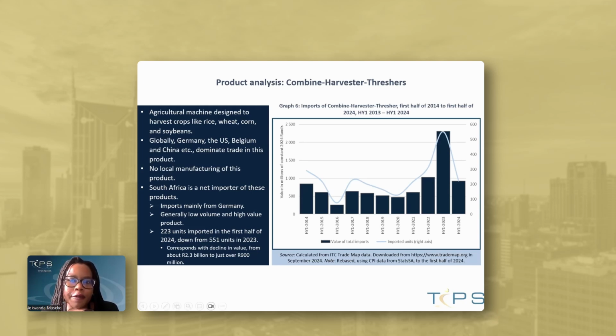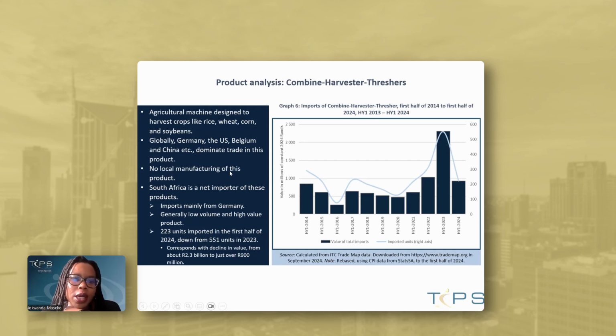Although South Africa has a history of producing great capital goods equipment, particularly for the mining industry, this particular good is not manufactured locally, and it is not a designated product for local manufacturing.